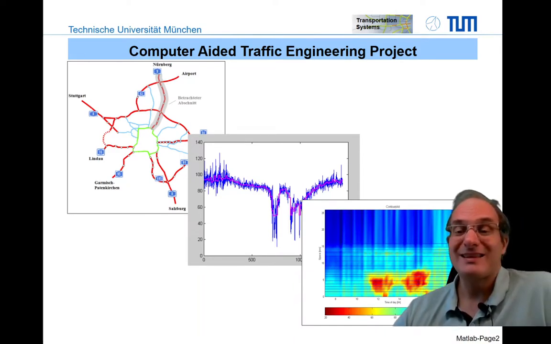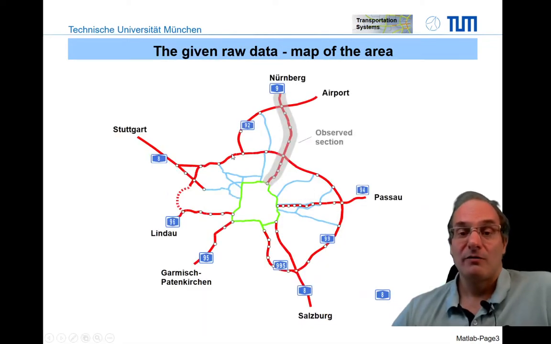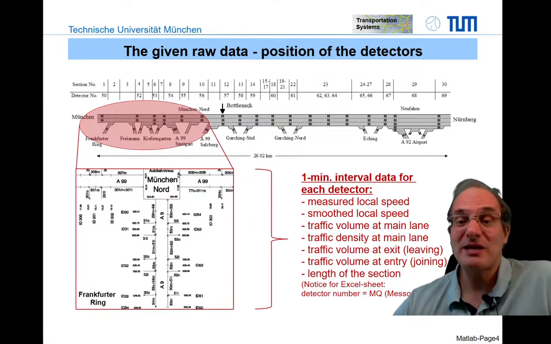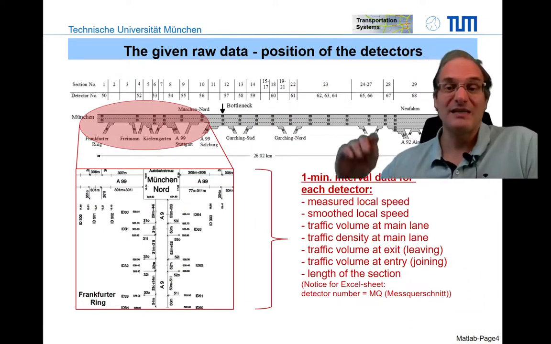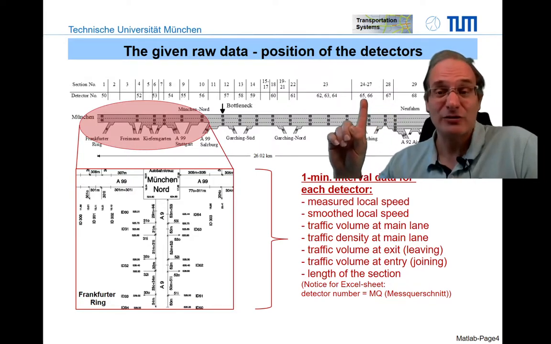So what are the different tasks? First of all, we have to read the data. Therefore, we need the information about the positions of the sensors. This means each sensor has an identifier, a detector number.